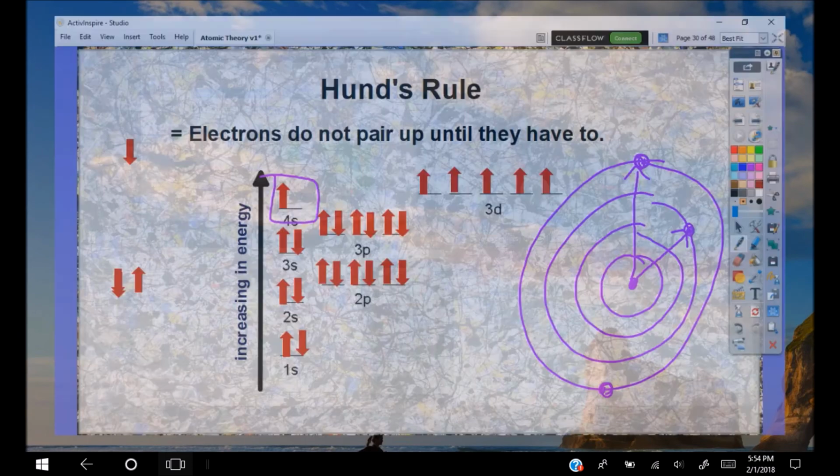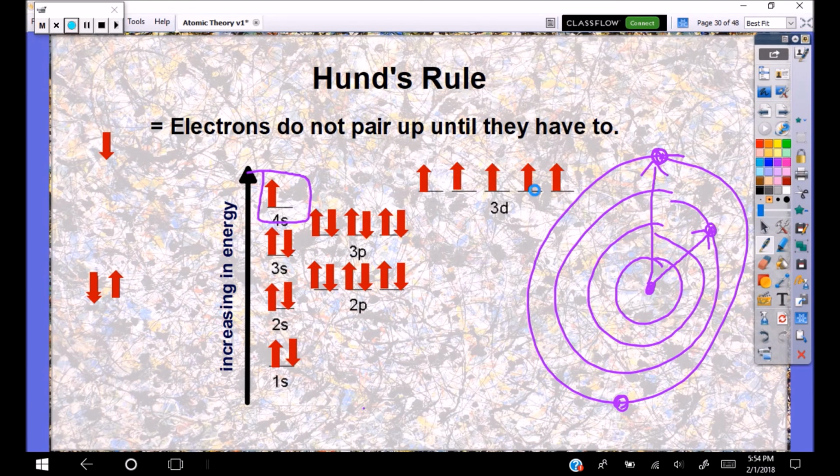But in actuality, that 3d9 has one extra spot there, and if you have a 4s2, those electrons are going to repel each other. One of these is going to move over and make that a full shell, 3d10, and then 4s1. It's just how they rearrange, to make it more stable. It's not for every single atom in that region, but on a case-by-case basis, so just be sure you're aware of the exceptions.